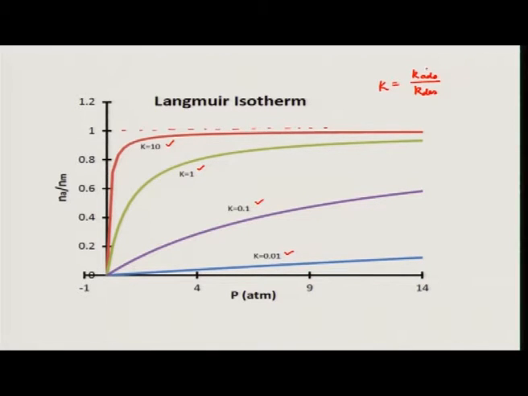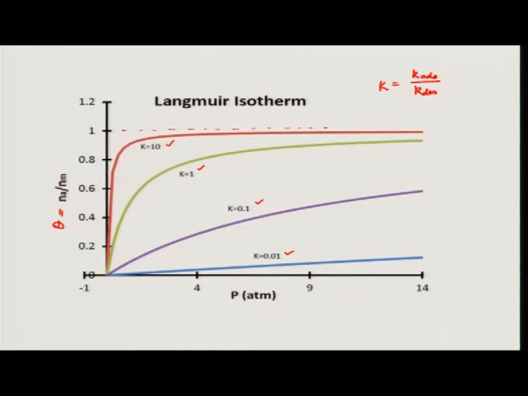So, if adsorption is higher, at lower pressure you will reach more fractional coverage. And this is theta, the number of adatoms divided by the number of total sites. Okay.